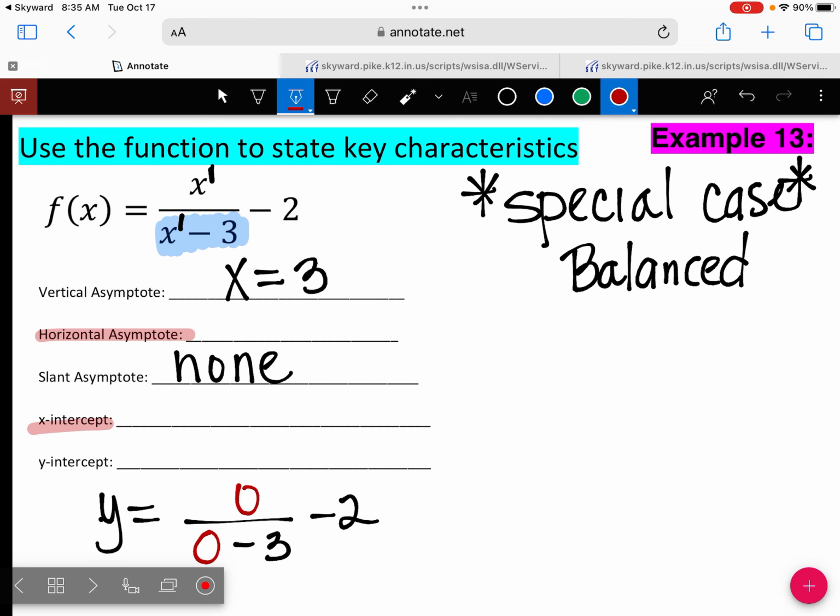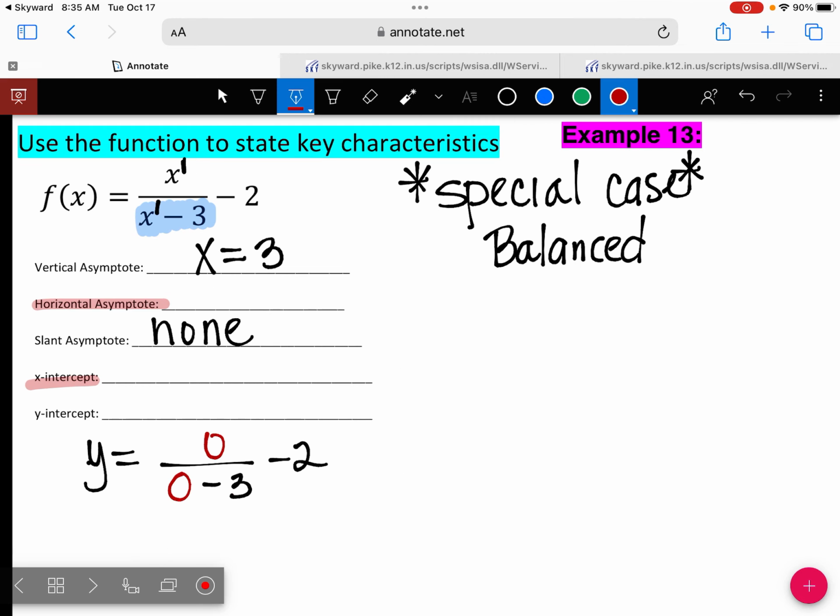Go ahead and substitute that in. This is my y-intercept that I'm trying to find right here. You're going to write that as an ordered pair. It's going to be 0, something. So take a minute. Use your calculators if you have to. If you don't recognize the number, feel free to use your calculator.